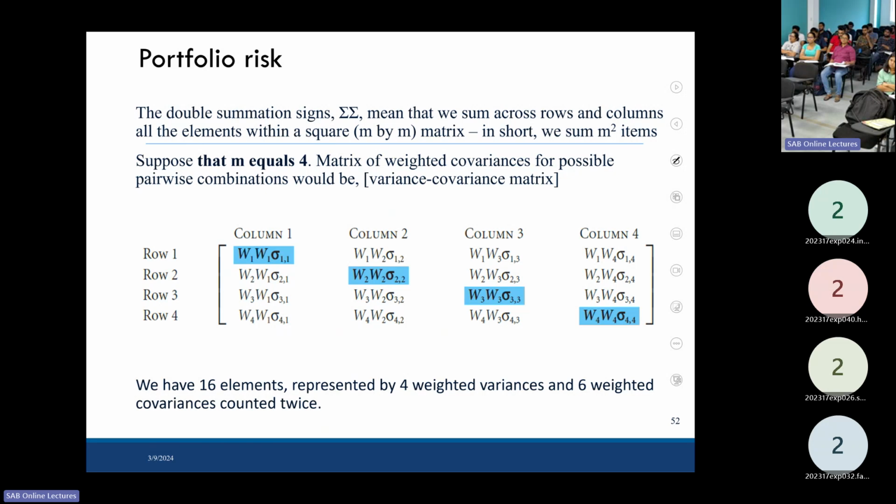If you have 4 stocks, this is the matrix. Here you can see 16 elements. These represent the 4 weighted variances, 1, 2, 3, 4, and 12 weighted covariances, which are counted twice.